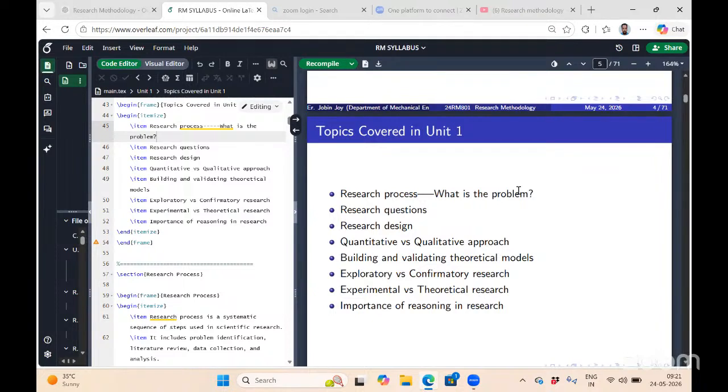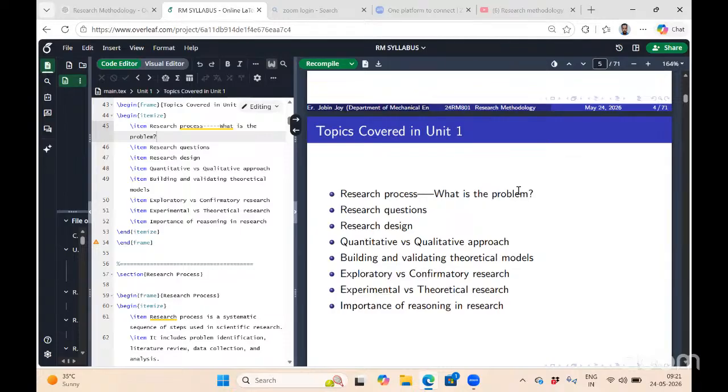Qualitative examples means student interview, worker observation, customer opinion surveys, social behavior analysis, case study discussions, etc. So these are examples of qualitative research. Then theoretical models, building and validating theoretical models. What is the difference between theoretical models and actual representation, right?